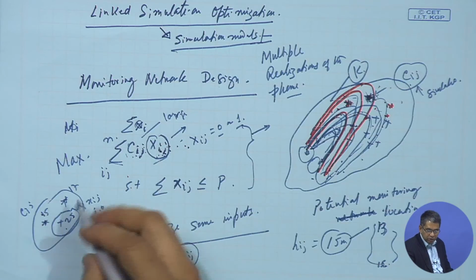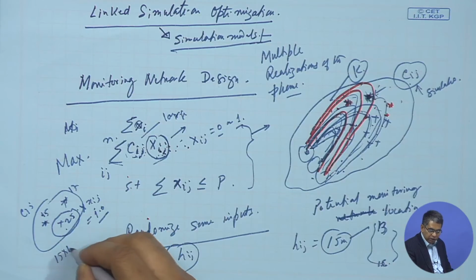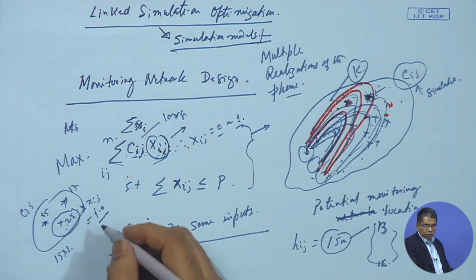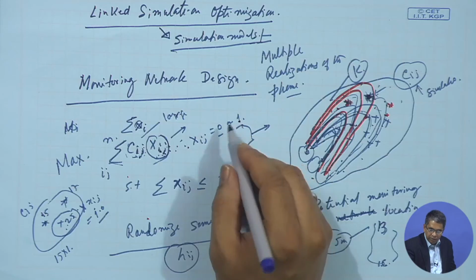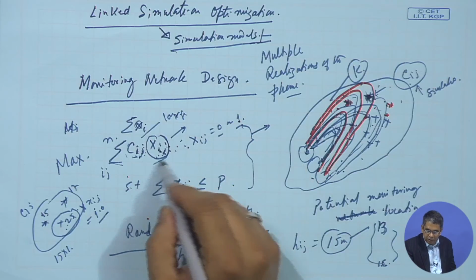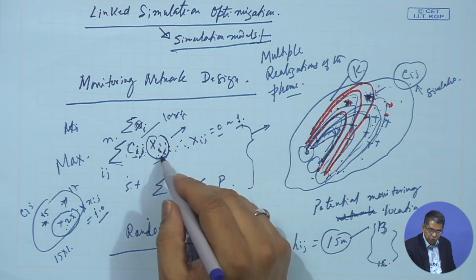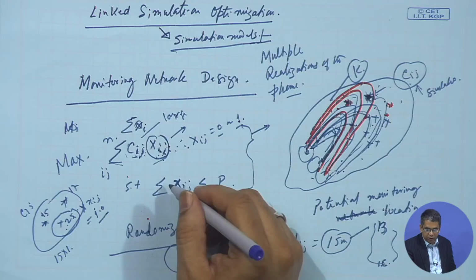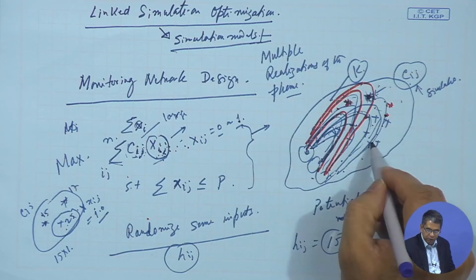If you choose 15, your contribution to the objective function will be only 15 into x1. In this case it is 25 into 1. Because it is a 0 1 decision variable, the role of the optimization model is to choose the values of Xij as 0 and 1. 0 means you are not choosing a potential location, 1 means you are choosing a potential location.